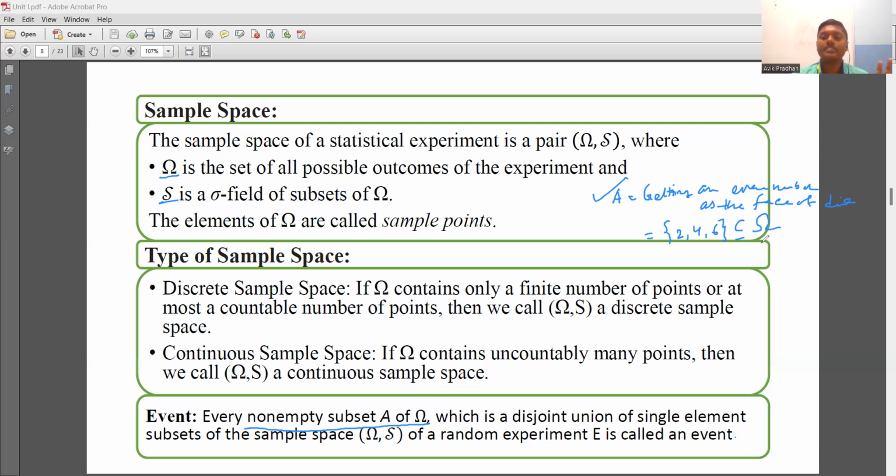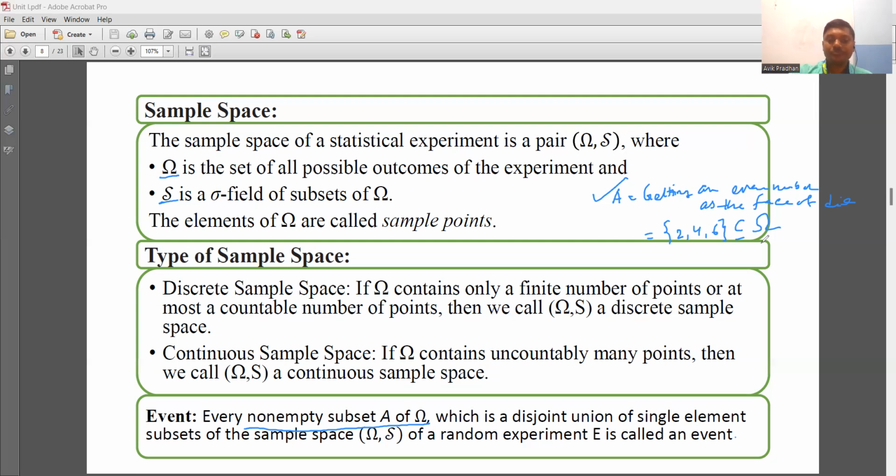That means it corresponds to a random experiment where we have only a countable number of possible outcomes. In the second case, we have the continuous sample space, in which we have uncountably many sample points.